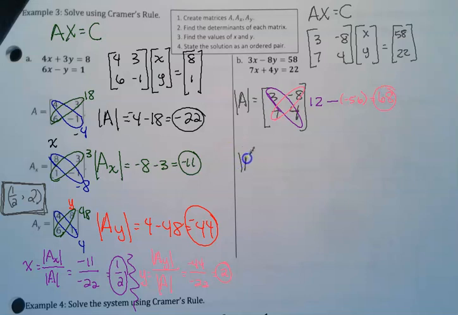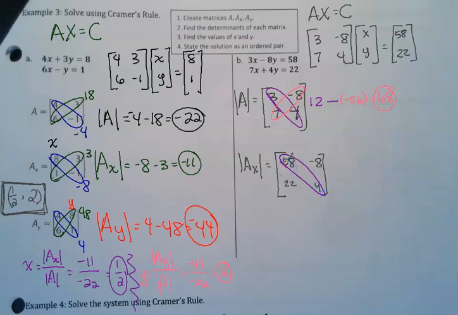Let's do the determinant of A sub x. In A sub x, we're replacing our x values. So the x column is going to be the constants, the 58 and the 22. And then I'm going to keep my y column, -8 and 4. Then we do our major diagonal.